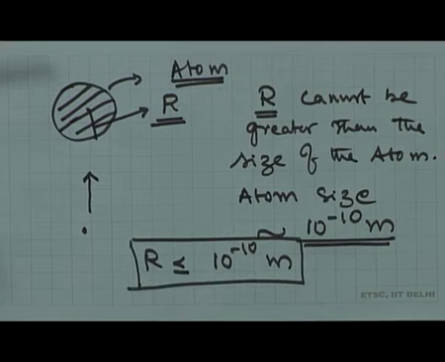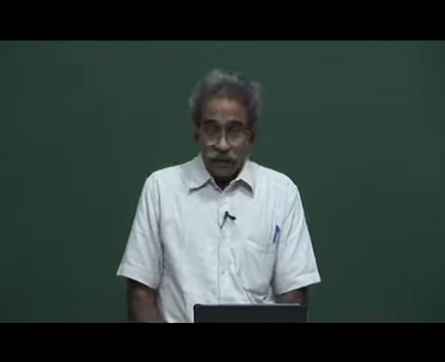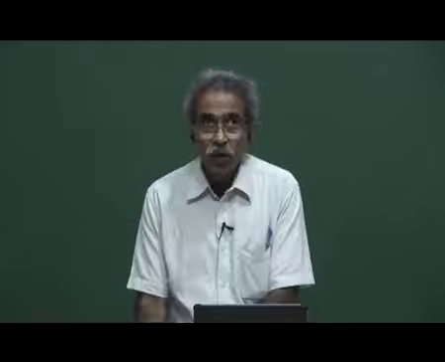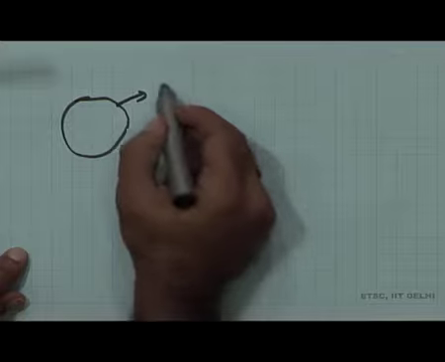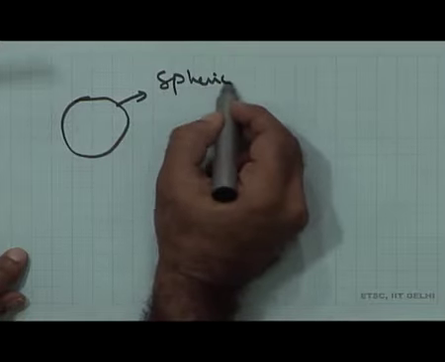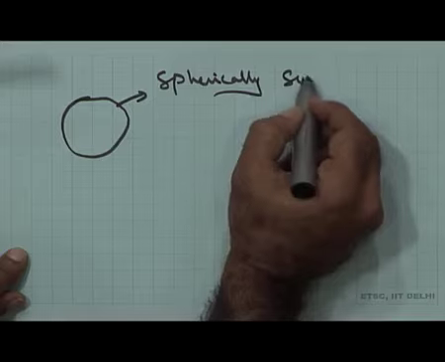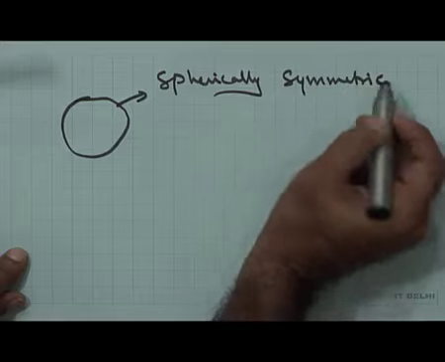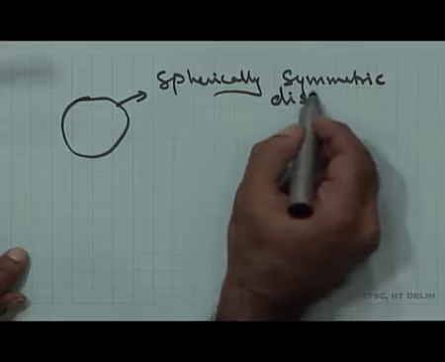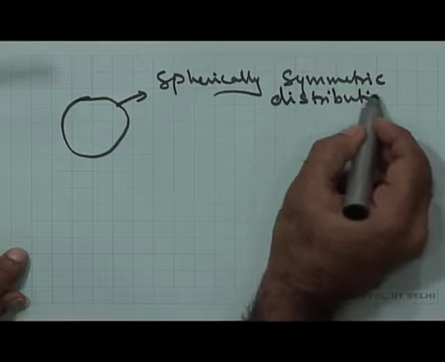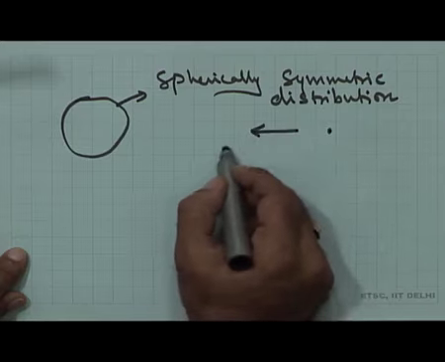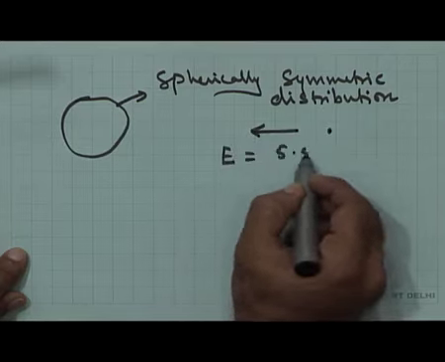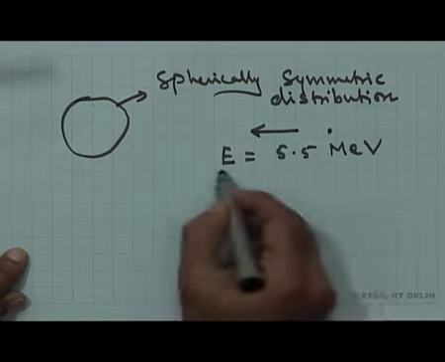Let us assume a positive distribution and let us ask what is it that happens to the alpha particle. So I have a spherically symmetric distribution. And my alpha particle is coming with an energy E equal to 5.5 MeV.